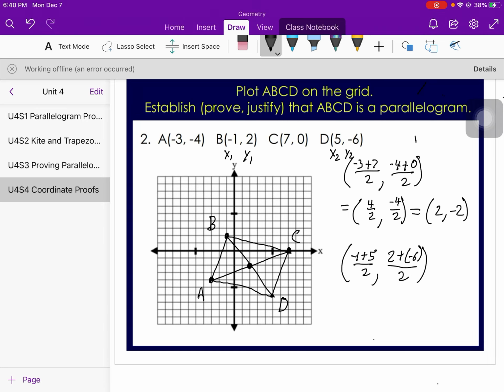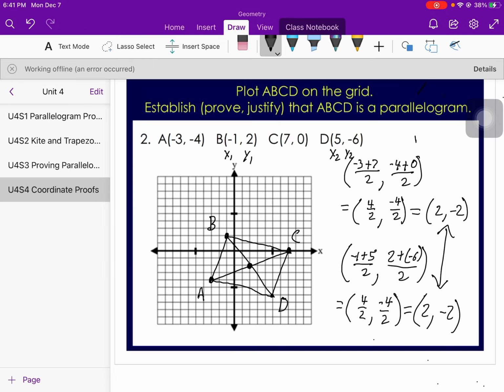Again, we're hoping that 2, -2 is our second midpoint. So we get -1 plus 5 is 4 over 2. 2 plus -6 is -4 over 2. And I hope you're silently cheering because 4 over 2 is 2 and -4 over 2 is -2. So we get the exact same midpoint between the diagonals.